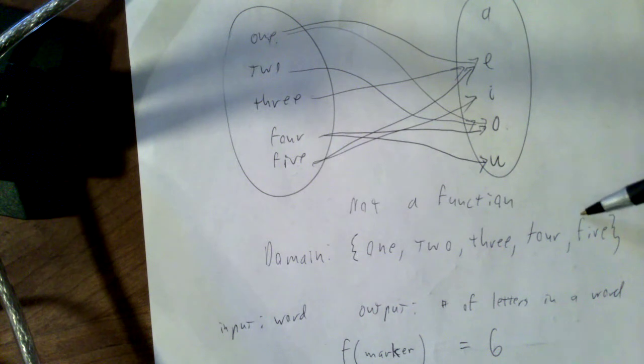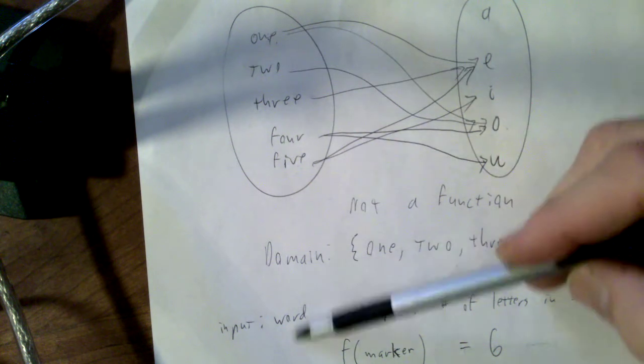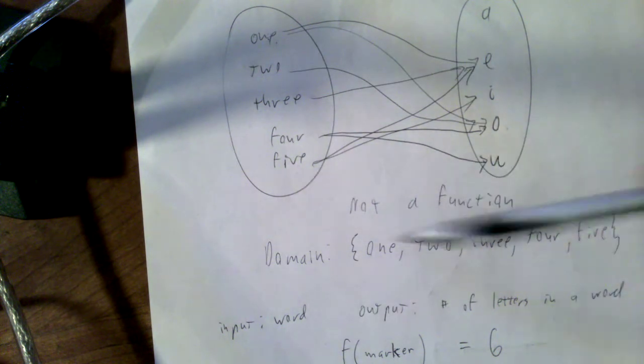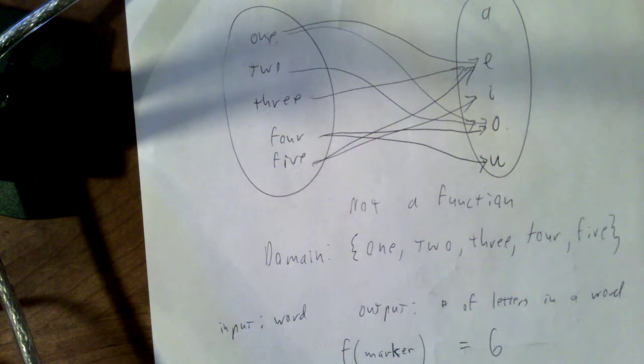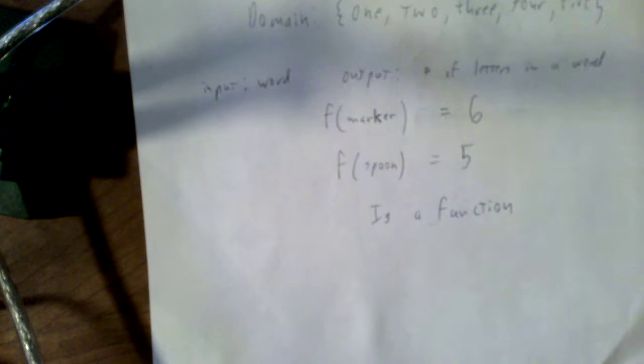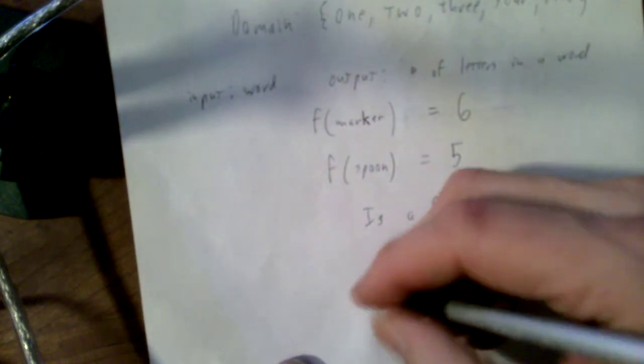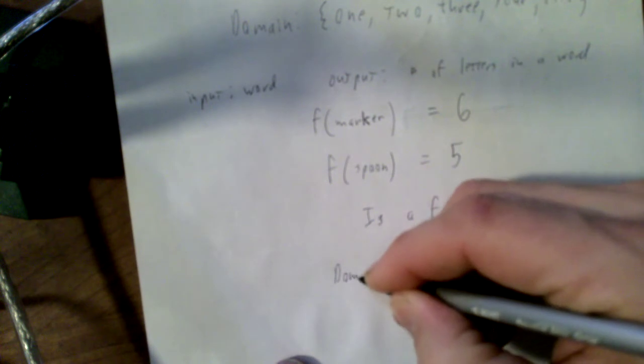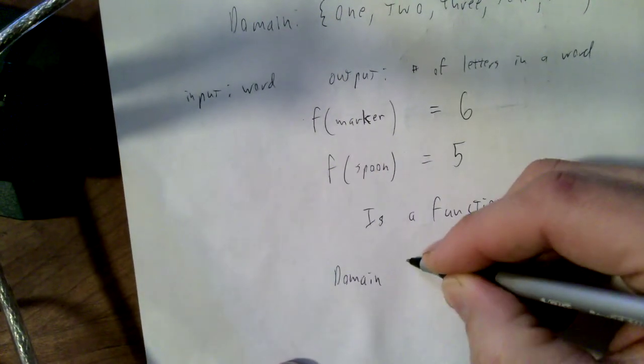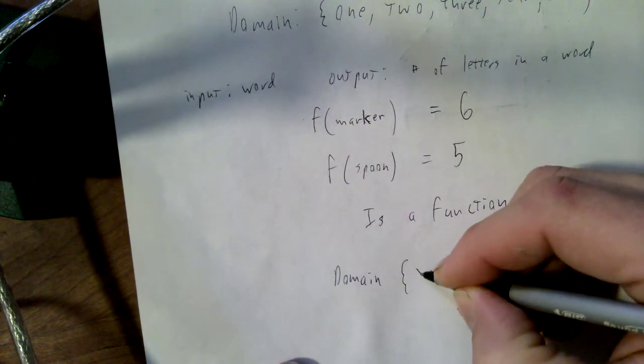It still has a set of inputs that make sense. If there was more stuff in here, I could have more elements, but they're individual elements thought of this way. This one is a function, and the input is any word. This would work with any word, so the domain could be the set of words in the dictionary.